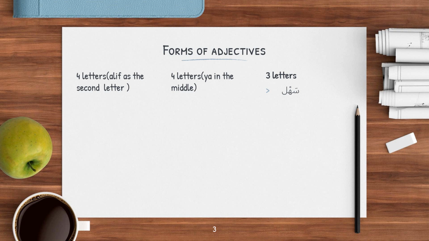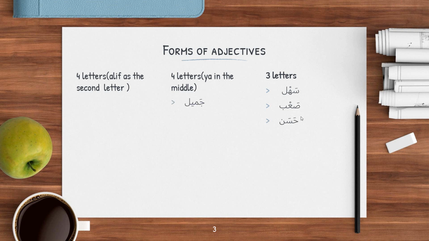So we have سهل, which is easy, and صعب, which is hard, and then we have حسن. That's why I said that most of them will have sukun, because Hassan has a fatha, but what's in common between them is that all of them have 3 letters.